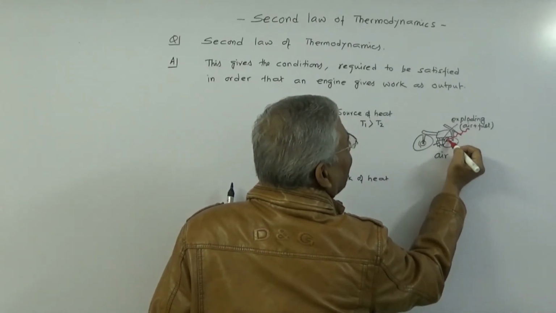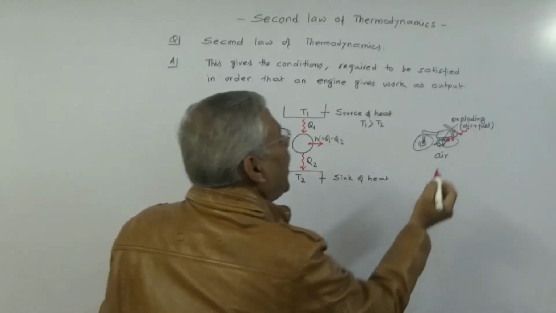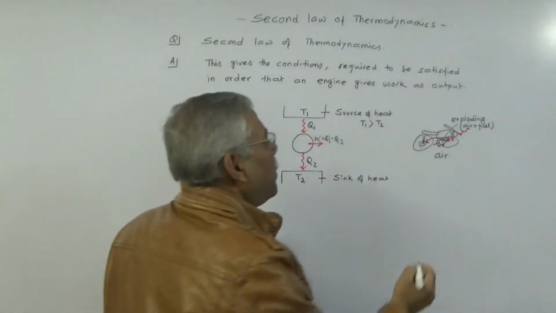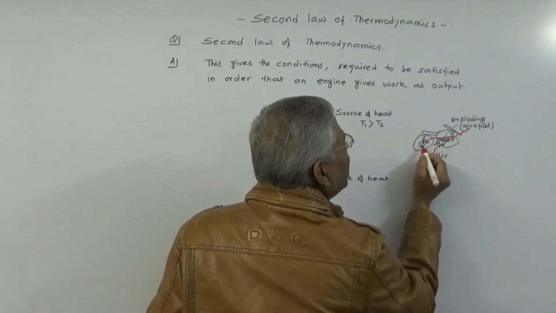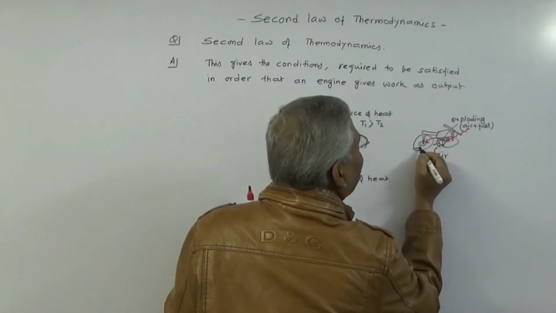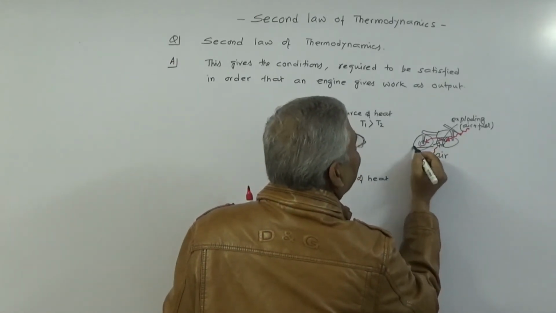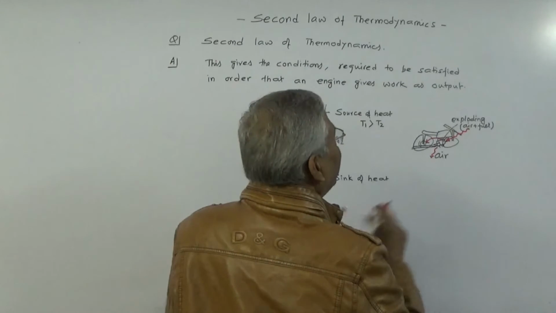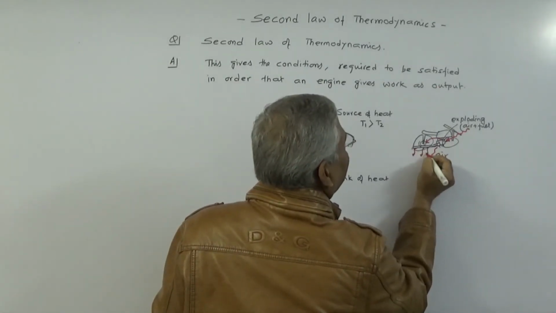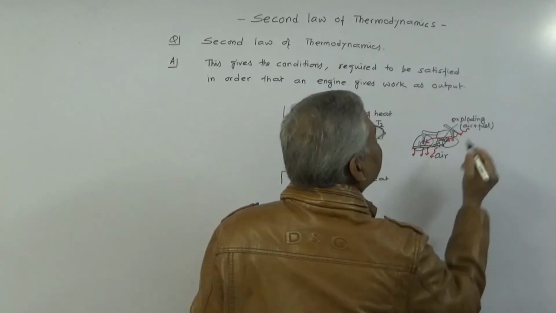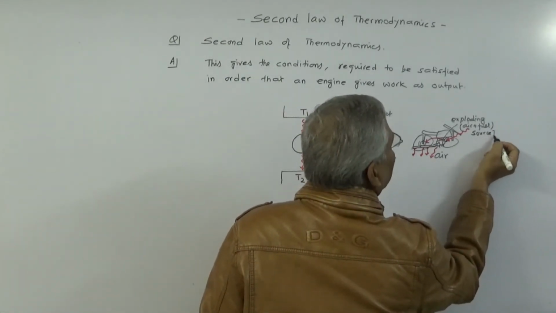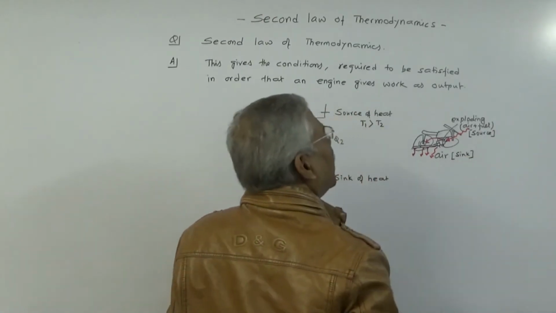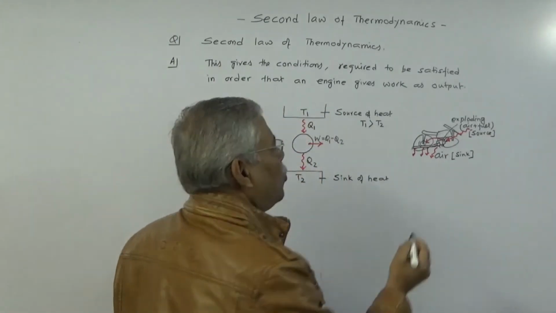From air and fuel, heat is collected by the engine, then a part of this goes into the rotation of the wheel, and then through the engine and through the body of the silencer, it is being rejected. So this is the source, this is the sink, and you get work.